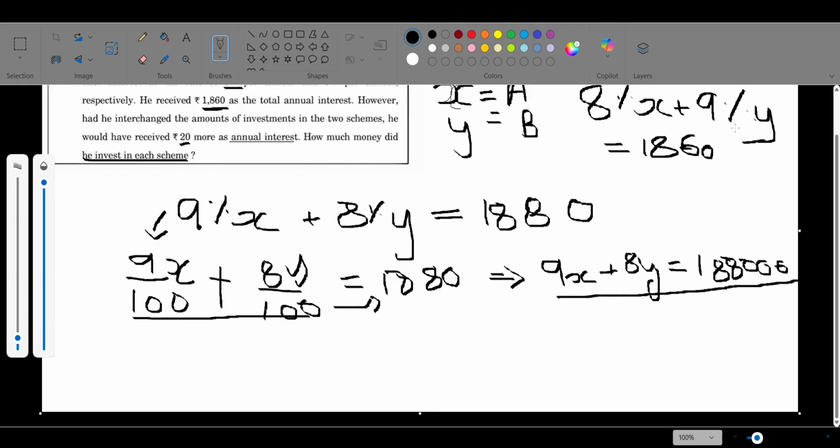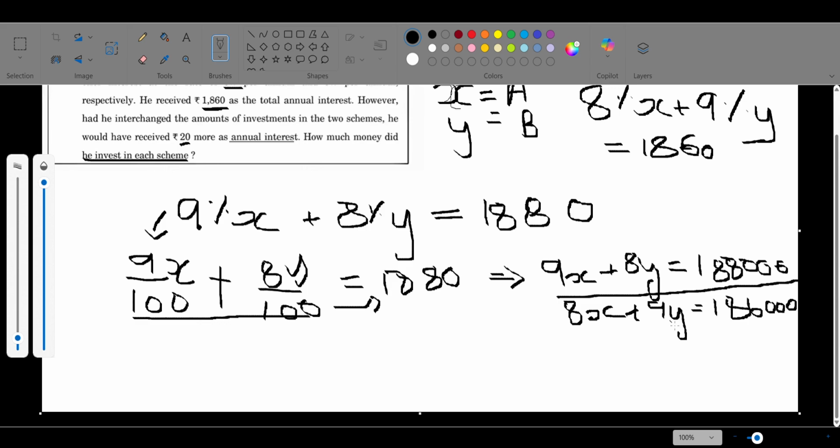Same thing for the first one, but it will be 1860. So 8x plus 9y equal to 1860, two zeros.